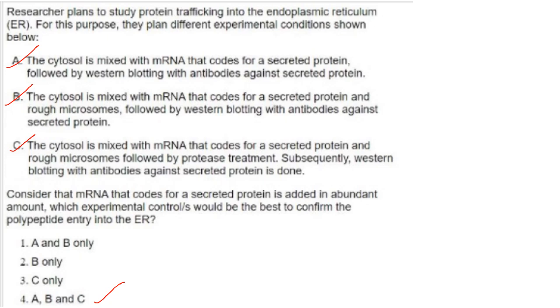Okay. Now we will see the first control. Proteins are fed into the endoplasmic reticulum during translation if they have an amino acid sequence called a signal peptide. So the signal peptide is required for the proteins to enter into the endoplasmic reticulum during translation. Now we will consider that all the signal peptides, everything is ready.